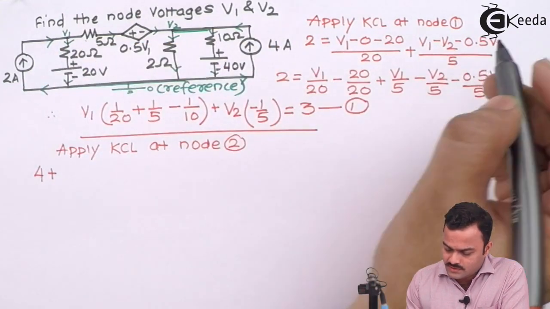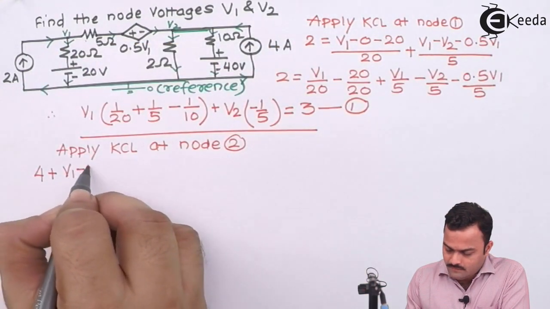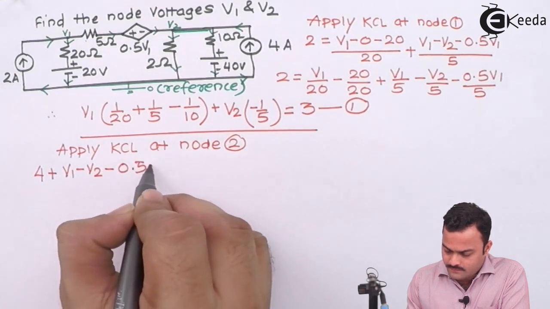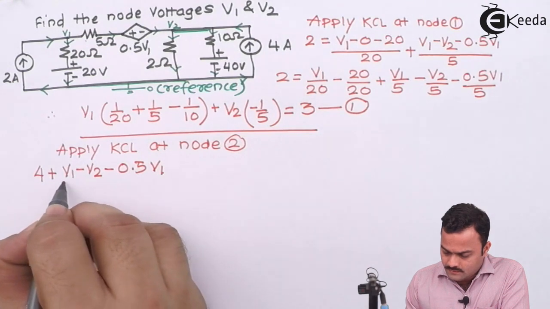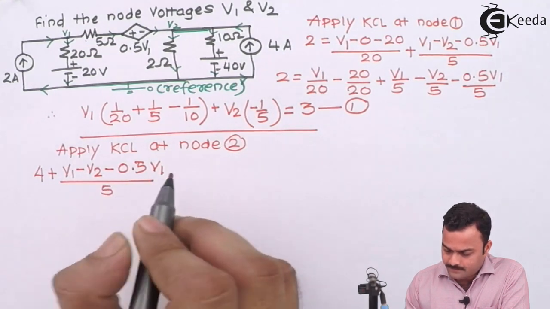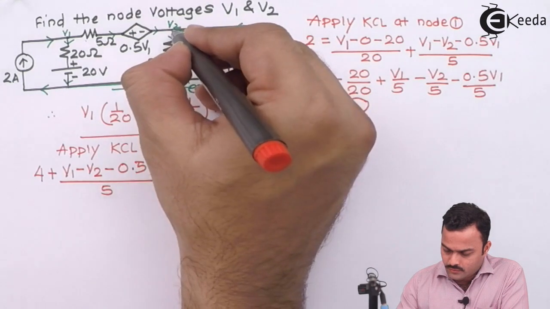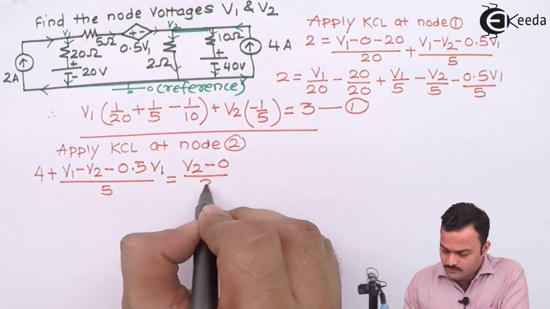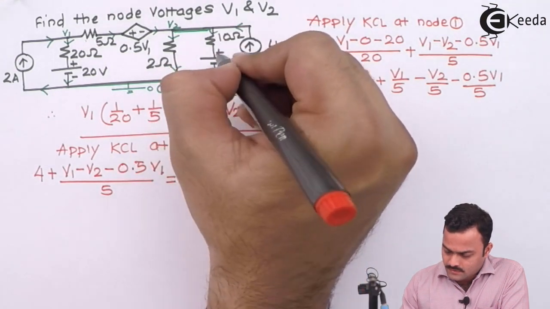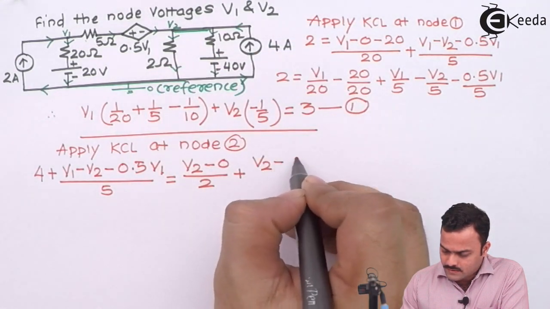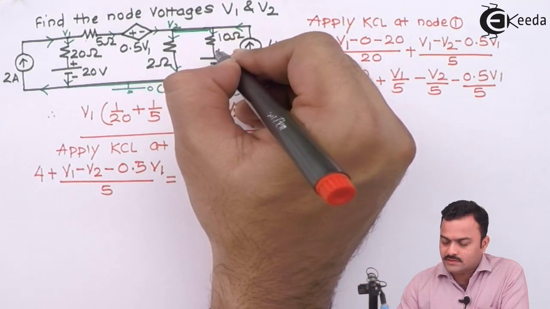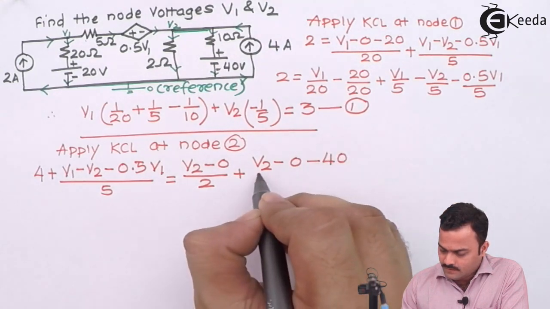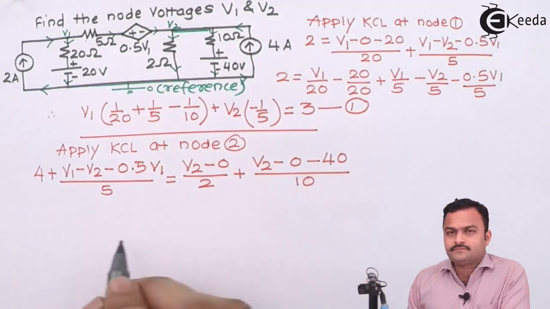Already we have written the equation as V1 minus V2 minus 0.5 V1 divided by 5, and the outgoing currents are V2 minus 0 divided by 2 plus V2 minus 0, and in the current direction voltage is dropping, so minus 40 divided by resistance 10.